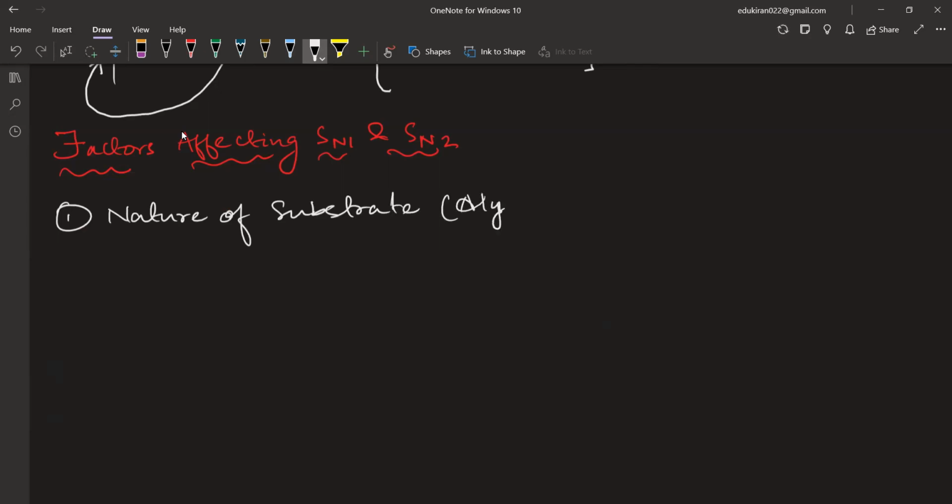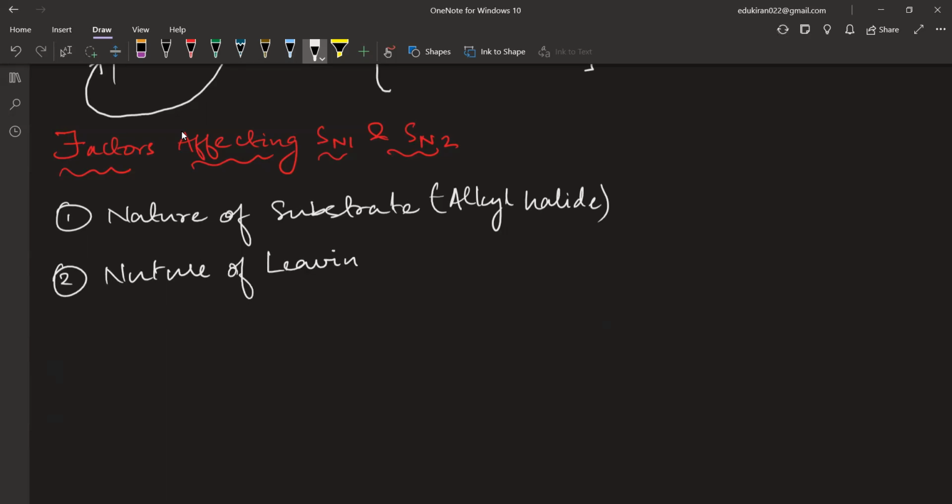It is alkyl halide. Second is the nature of leaving group. The third is the effect of solvent.